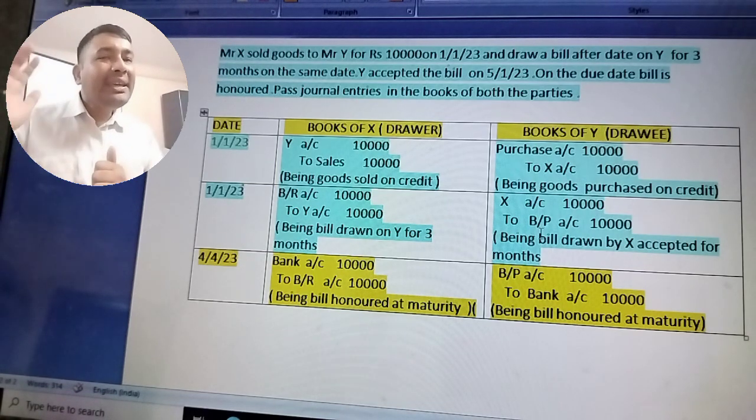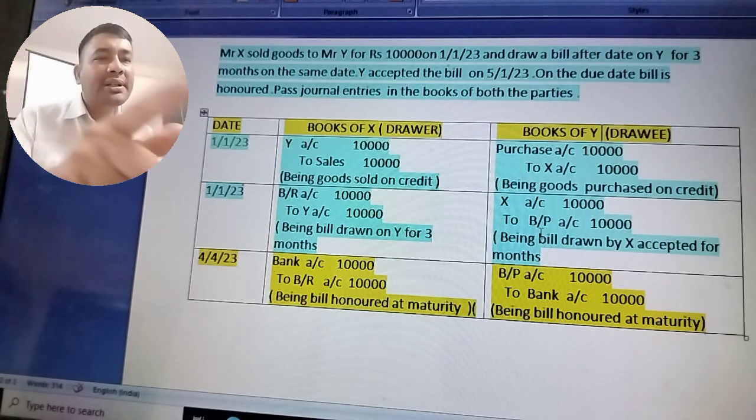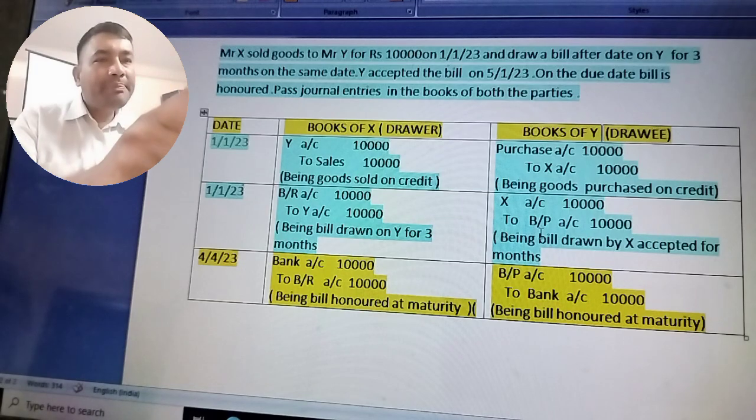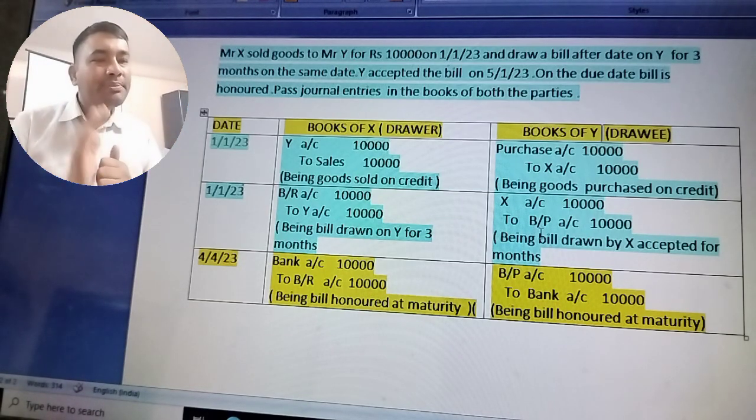Second, Y has to accept the bill drawn on him by X, but the date here will be 5th January 2023. I haven't written the date, so please keep in mind the date will be 5th January 2023.